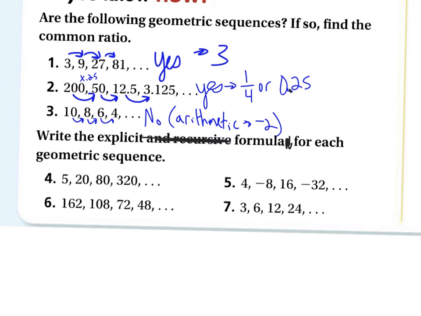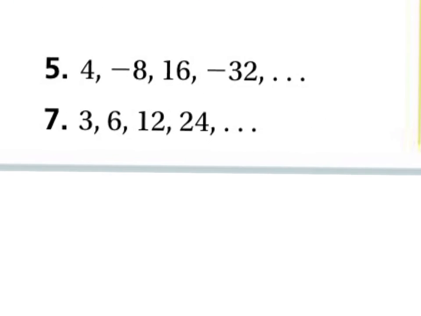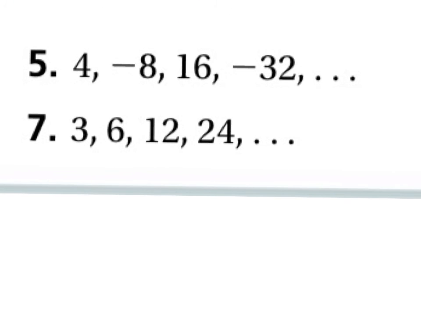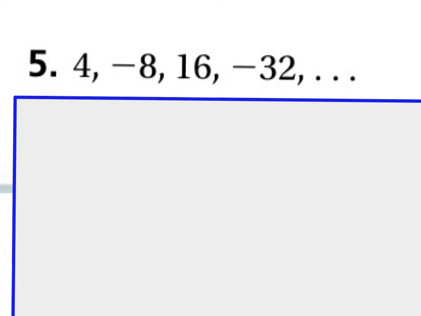The next part, we're going to look at the explicit formula for the geometric sequences. Let's look at number 5. So number 5, we're kind of going back and forth here. The signs are changing. So these are actually multiplying by -2 each time.